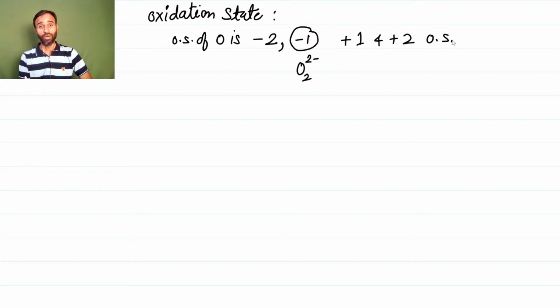Now all of these elements can show -2 oxidation state because after gaining 2 electrons they acquire the next noble gas configuration.